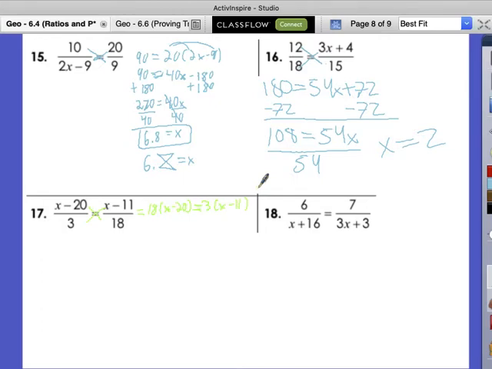Then as we go through and distribute, I'm going to do 18 times x, which is 18x, 18 times negative 20, which is negative 360, is equal to 3 times x, which is 3x, and 3 times negative 11, which is negative 33. So instead of distributing on one side like we did earlier, we distribute on both sides now.